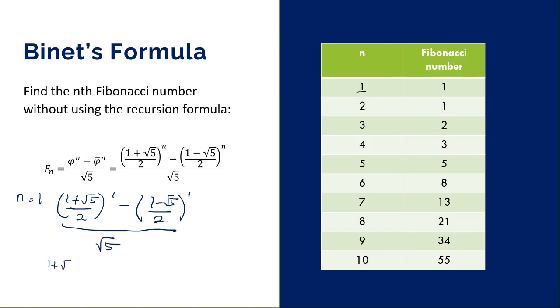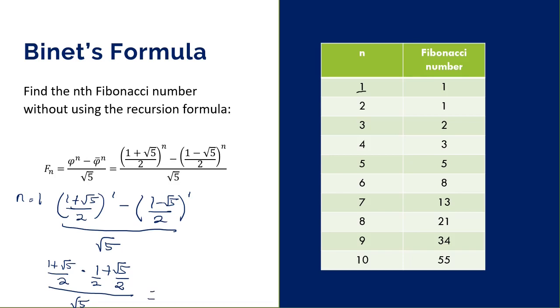We have 1 plus square root of 5 over 2 minus 1 plus square root of 5. Okay, I already distributed this minus sign and then eliminated the parenthesis, all over square root of 5.